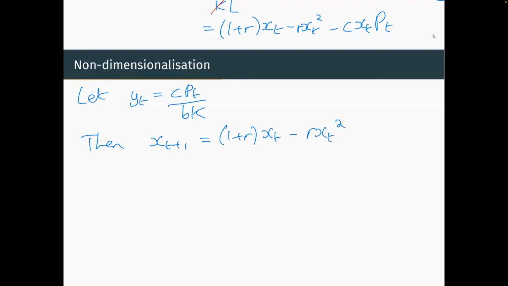Then now we have this cpt here. We can replace that with minus bk xt yt. Okay, so that's just substituting this in for this pt here. So cpt is going to equal bk times yt. So that's where that comes from.